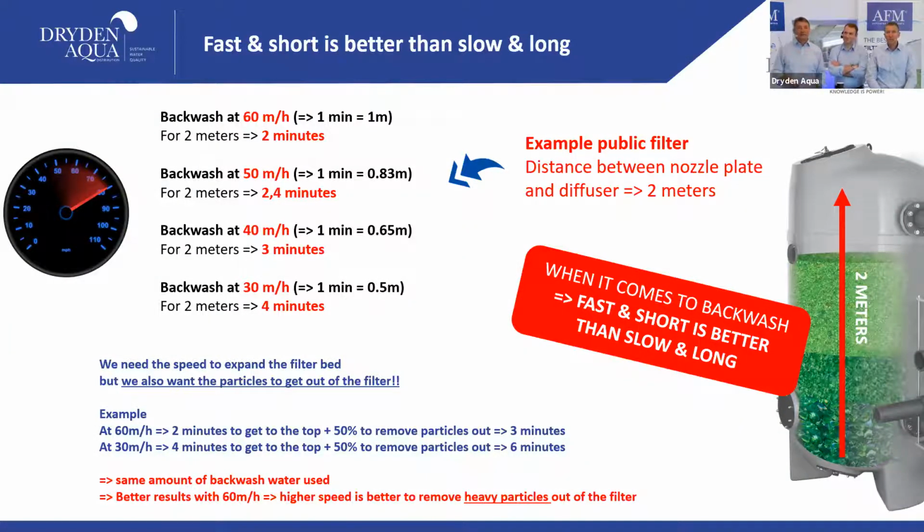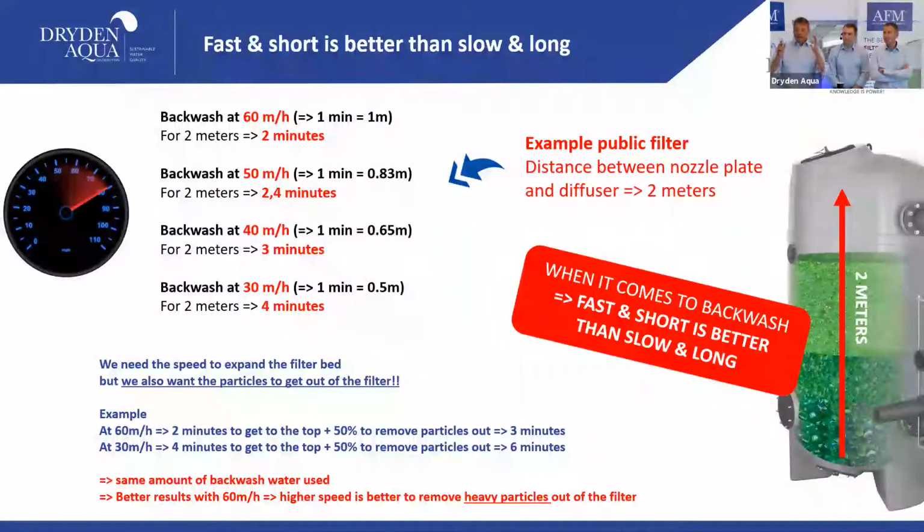So with 60 meters per hour, minimum 3 minutes. With 30 meters per hour, minimum 6 minutes. These are the 2 and the 4 minutes plus 50%.